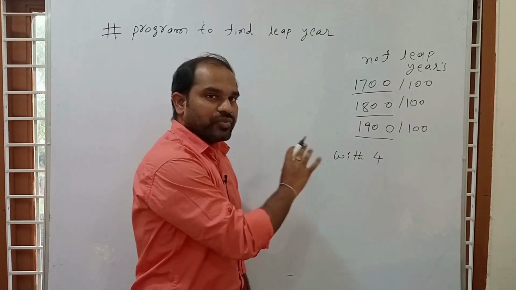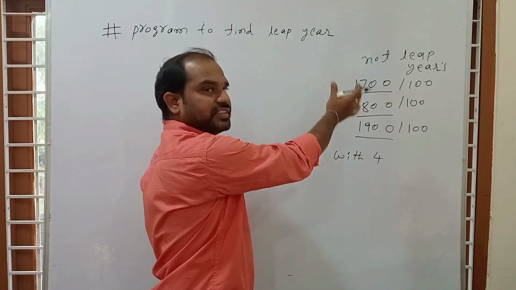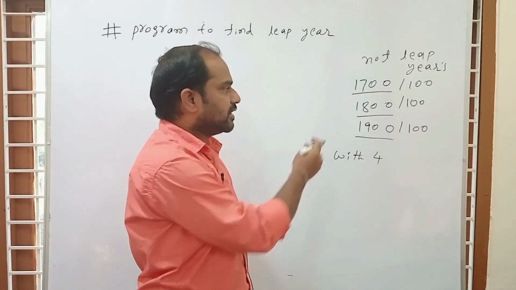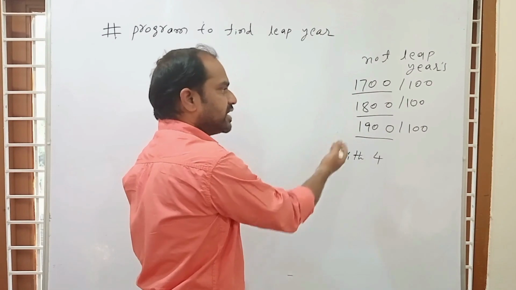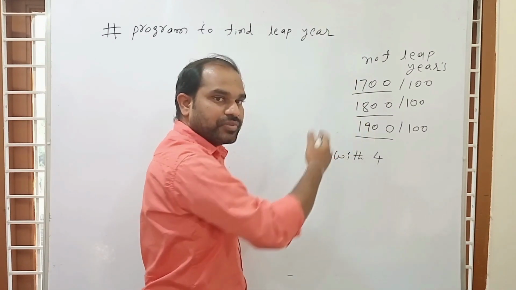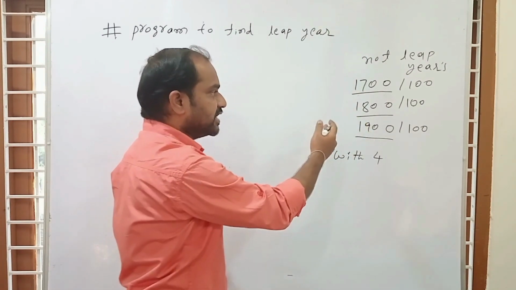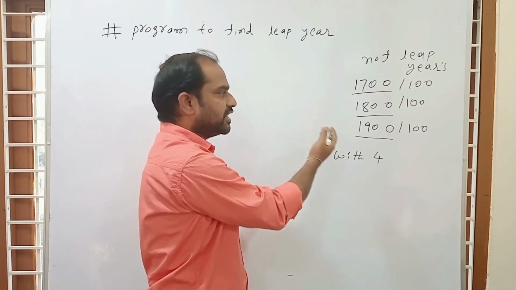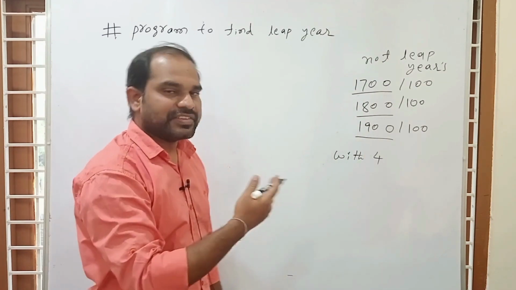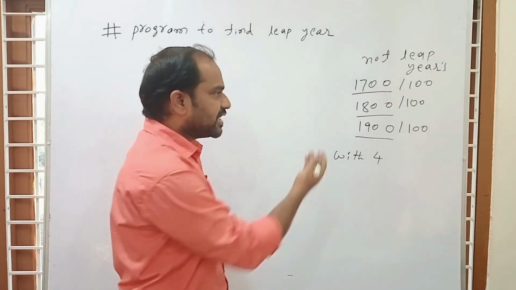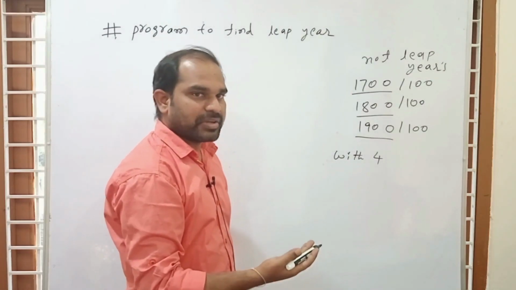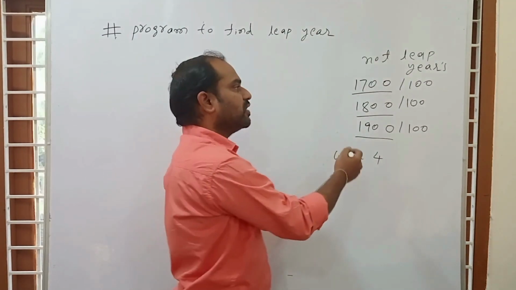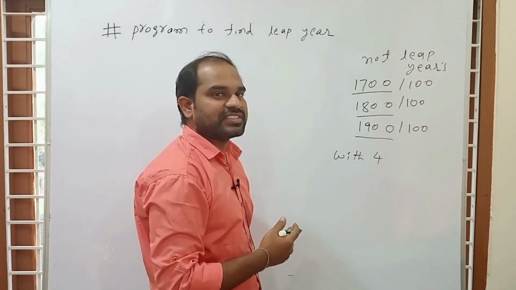So that's why we have to detect these types of years and correct that error. Whenever the user enters these types of years, we have to check whether they are divisible by 4. 1700, 1800, 1900 are divisible by 4, but we cannot say these years are leap years, because they do not have 366 days.